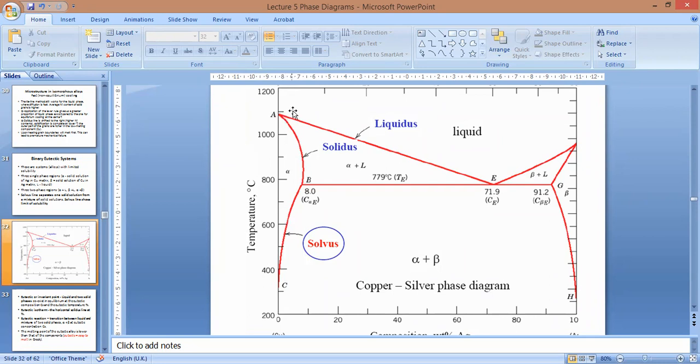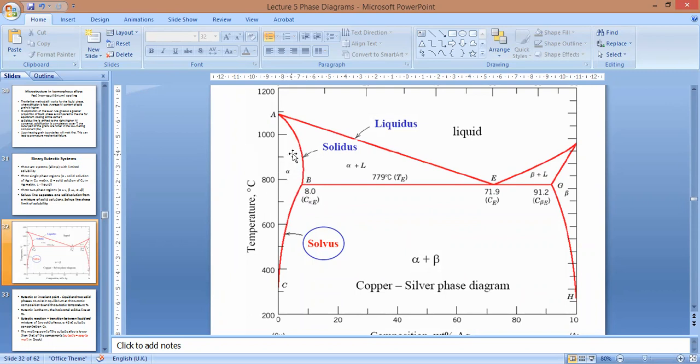Then we have our liquidus line. Just like in the earlier one, this is our liquidus line. This is also the liquidus line. Anything above this line here is known as the liquid phase. Then we have what is known as the solidus line. This solidus line is separating one solid from the other.